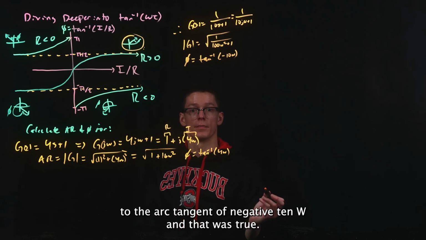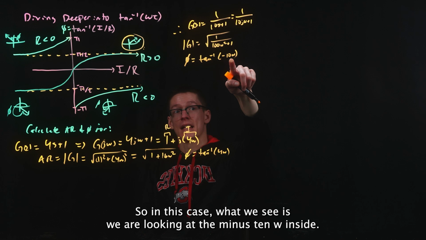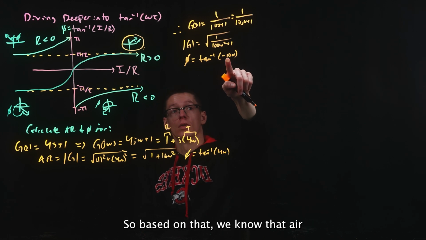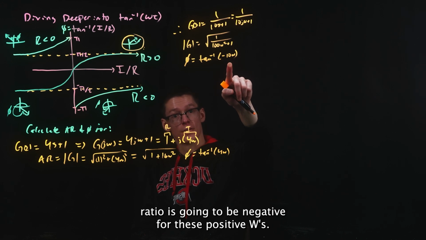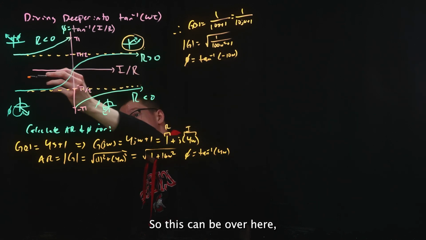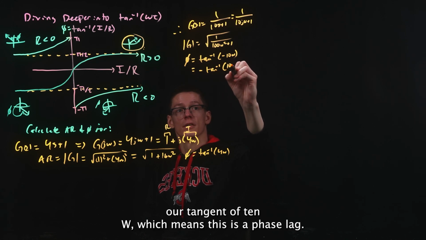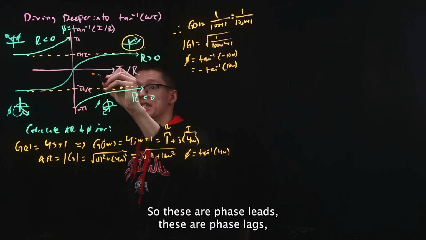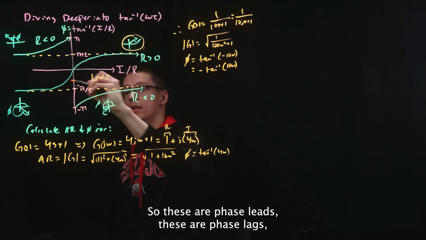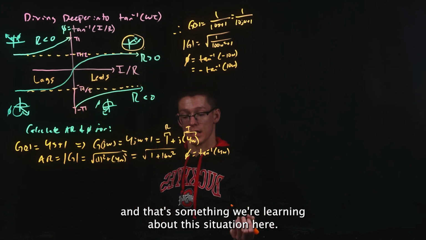In this case, we are looking at the minus 10w inside. Based on that, we know that the I over R ratio is going to be negative for these positive w's. So it's going to be over here. But we can also call this minus arctangent of 10w, which means this is a phase lag. So if these are phase leads, these are phase lags. And that's something we're learning about the situation here.